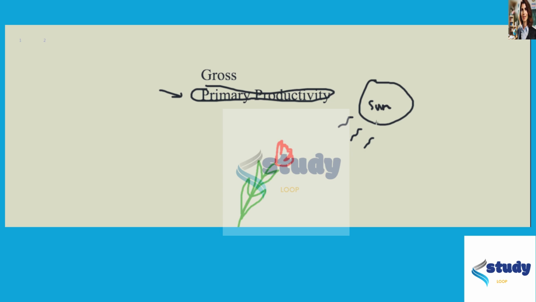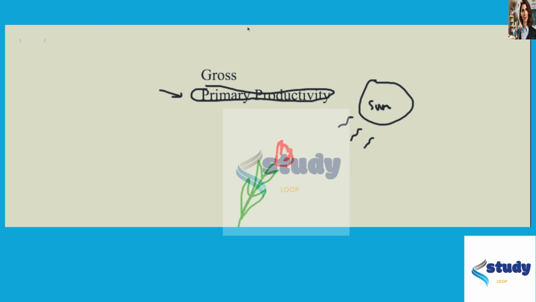Primary producers are those that take energy from the sun or from chemicals and are able to make that into energy for themselves. They don't need to consume other organisms in order to get energy. In this case, plants take in energy from the sun in the form of light energy and convert it with photosynthesis into chemical energy.